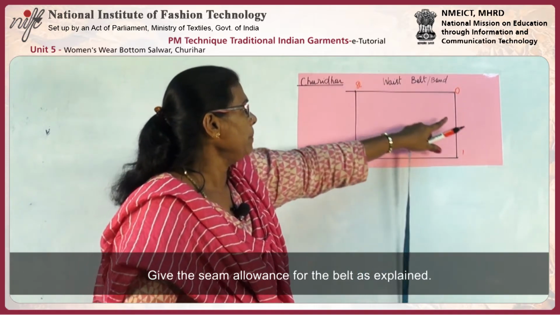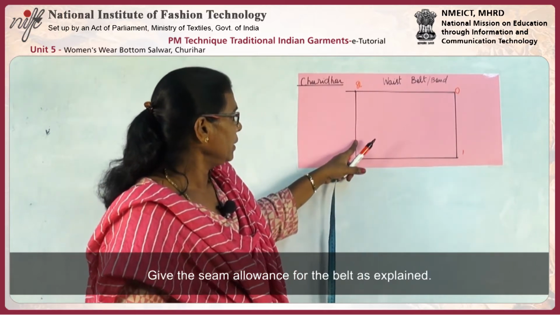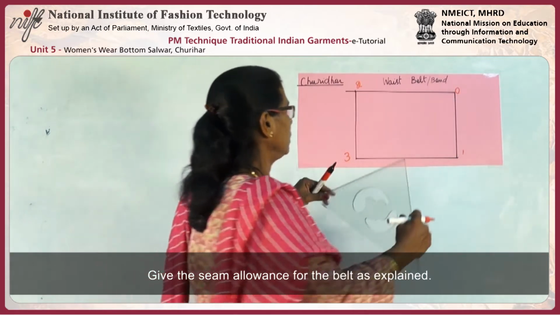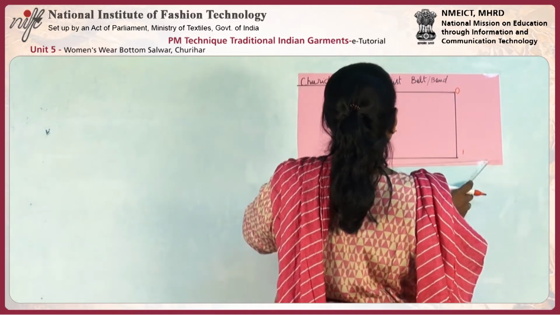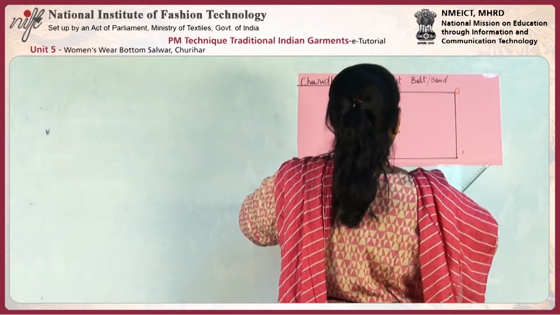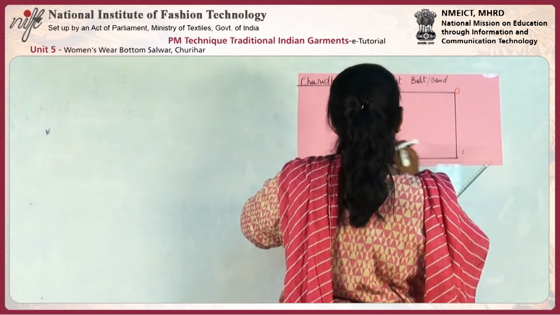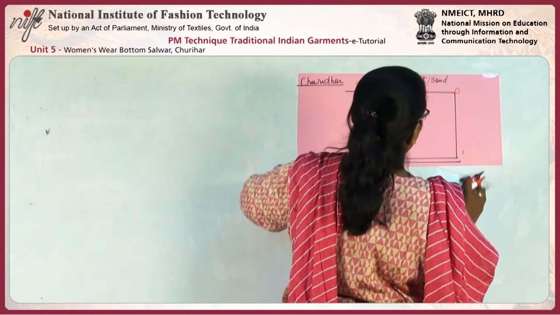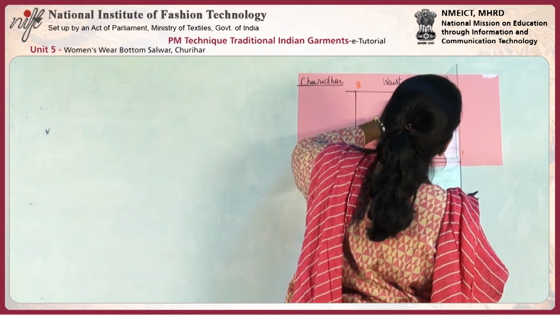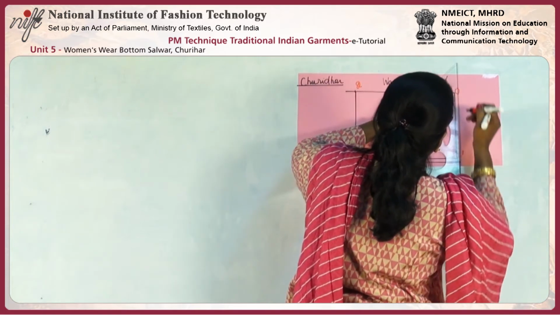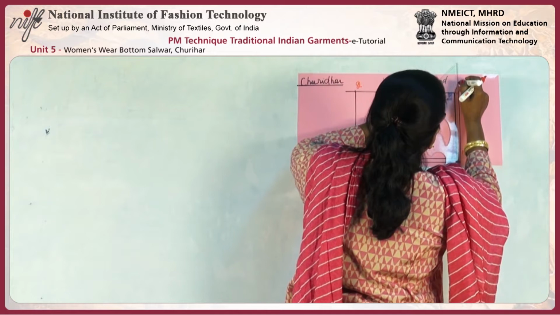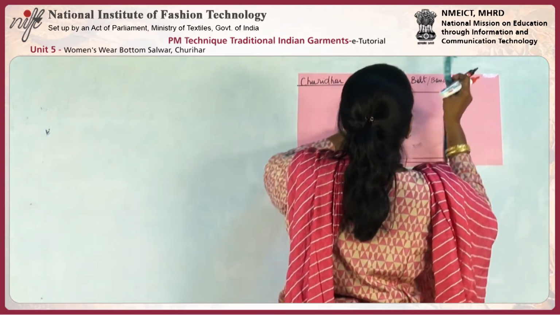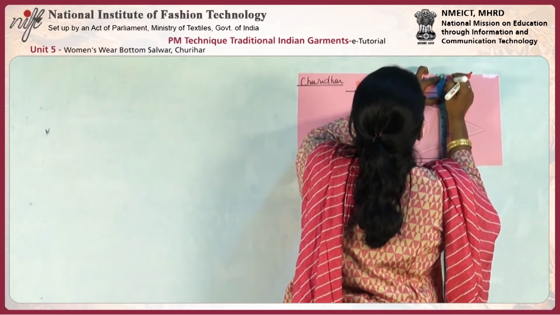Top side has hem, and at the side on fold, and at the center with the seam allowance. The bottom seam allowance is half an inch, and center seam allowance is half an inch, and the hem allowance is 1 1/4 inch.